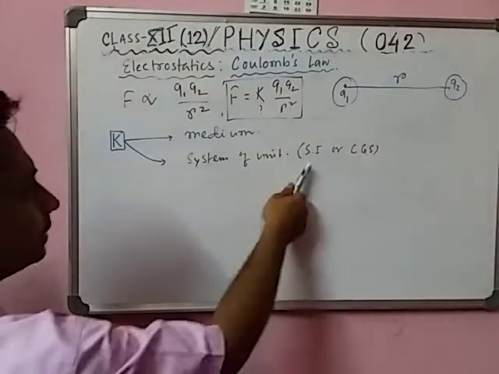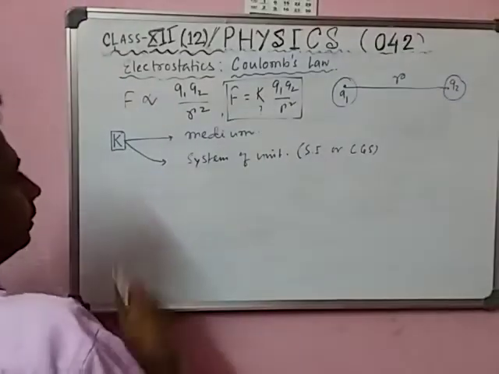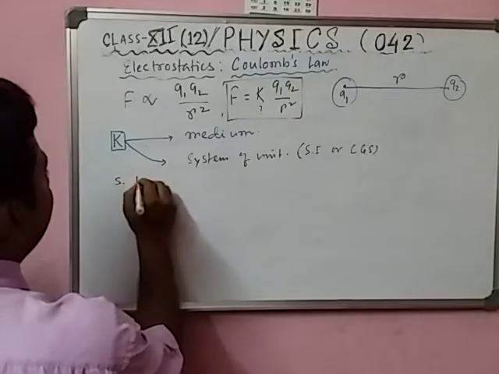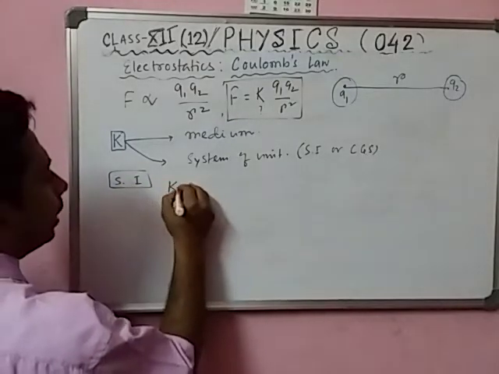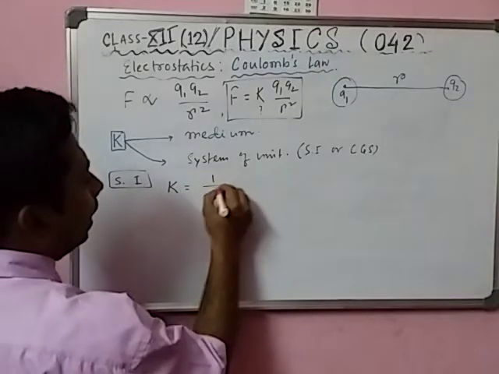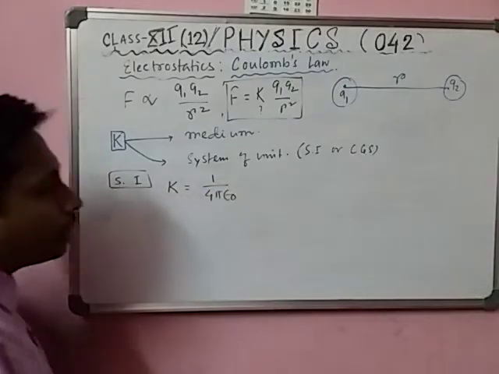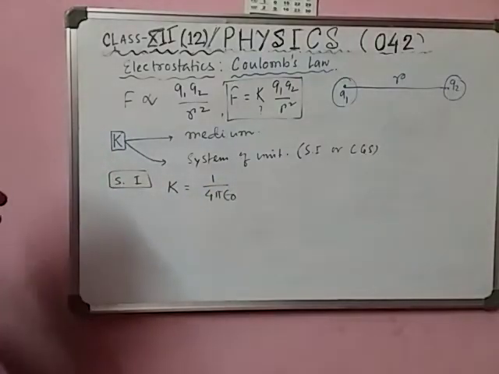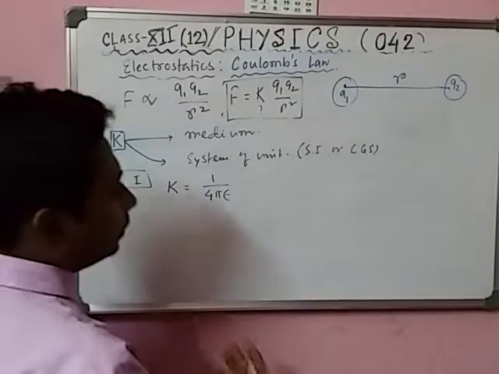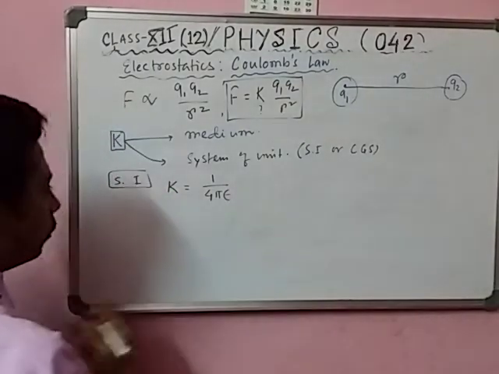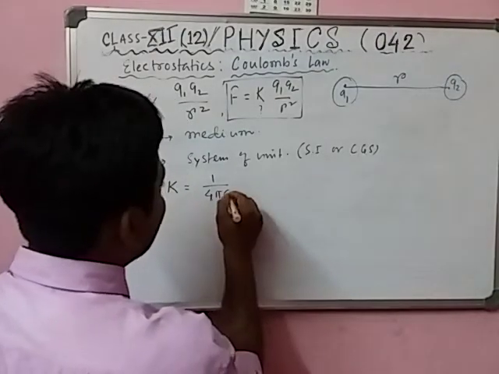Students, in the SI system, you can write it with the help of the medium's permittivity. For SI, the value of K is equal to 1 by 4 pi epsilon naught. If there is any medium, you write epsilon. If there is free space, you write epsilon naught. What is epsilon?